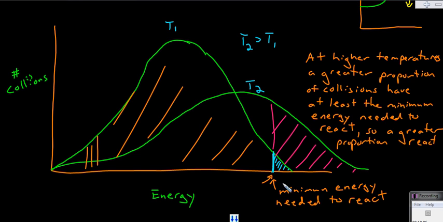And therefore when they collide, they do not actually react. But if we increase the temperature, if we have a higher temperature, then we shift this graph and this curve to the right. Shifting to the right, because having a higher temperature gives us higher average kinetic energy, and therefore more particles when they collide will have that minimum kinetic energy. Shifting to the right at this higher temperature gives us a much greater proportion of collisions which actually result in reaction.